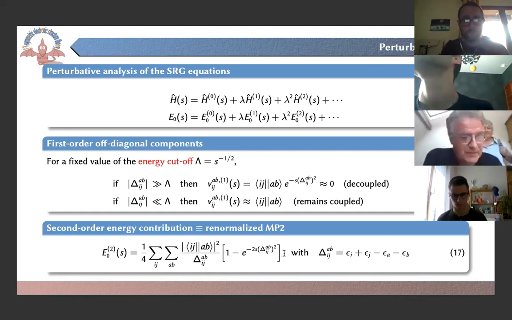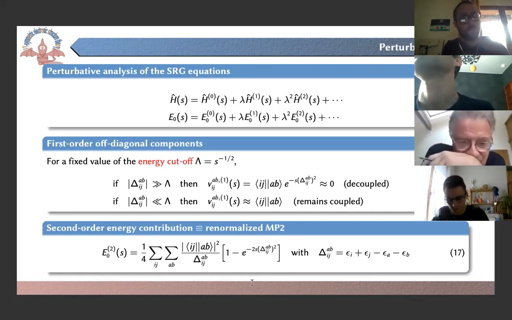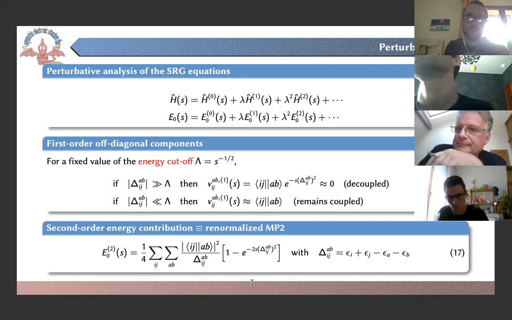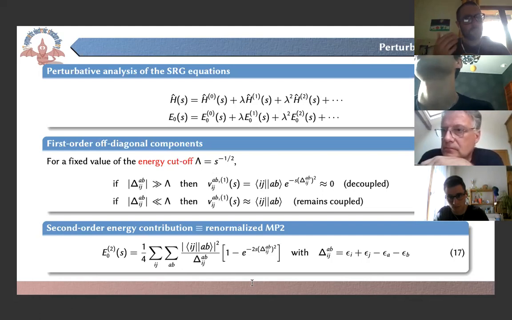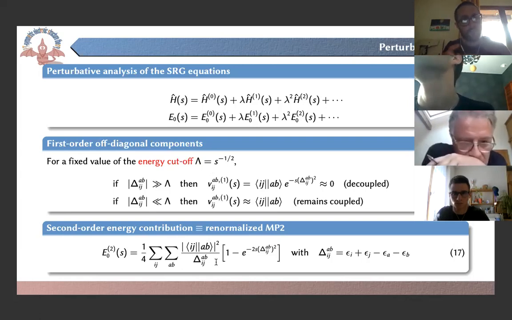For people who know those things, that's basically the terms that you use in theory to renormalize the MP2 energy. When you have near degeneracy in a system and you use MP2, everything blows up. But you can try to regularize or renormalize the MP2 energy, and that's the stuff you're going to use. You can check that for any value of S, even if delta is small, that thing is never going to blow up.